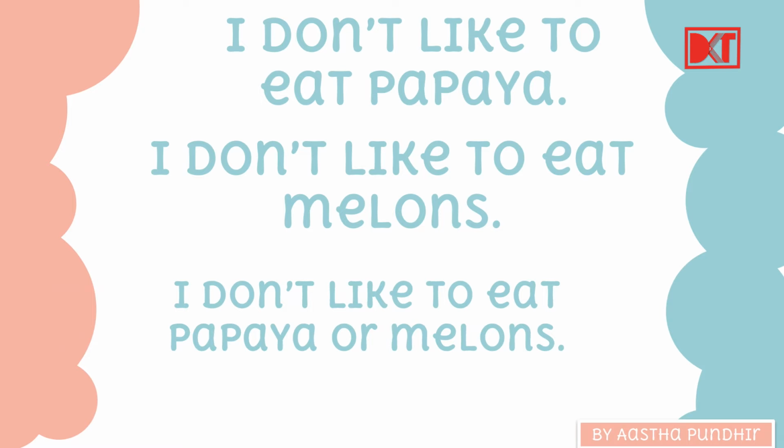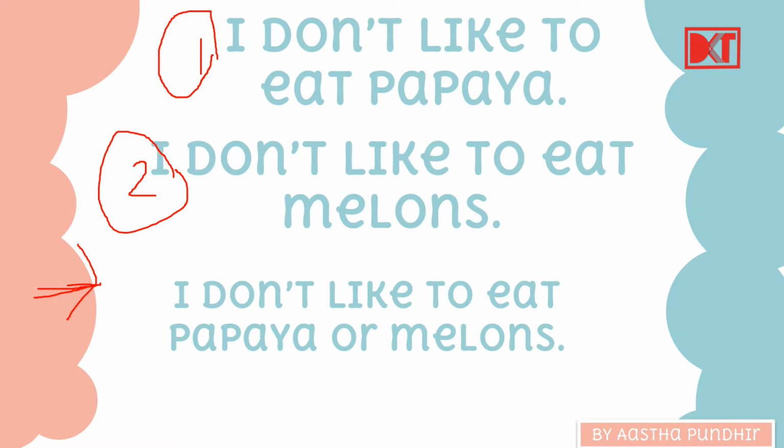I don't like to eat papaya. First sentence is I don't like to eat papaya. Second sentence is I don't like to eat melons. अब इन्हीं को हमने एक नए सेंटेंस में कैसे जोड़ा? I don't like to eat papaya or melons. कि ना तो मुझे पपाया पसंद, मुझे पपाया मेलन्स कुछ भी नहीं पसंद.